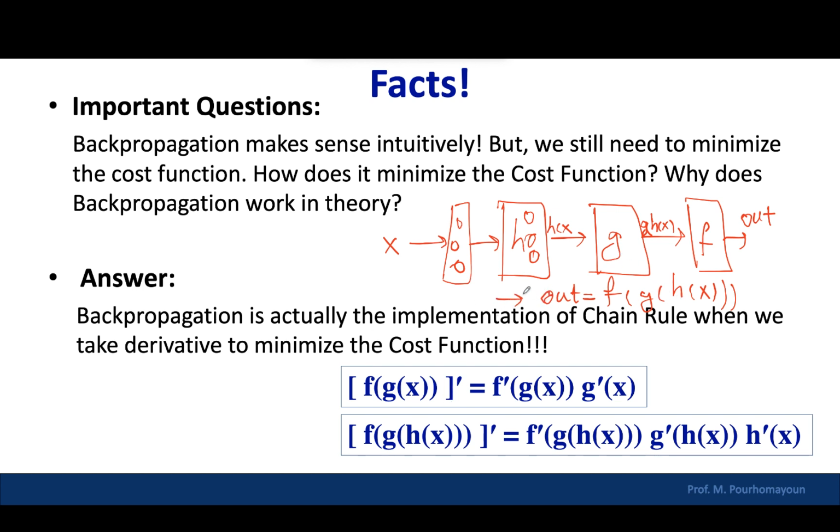So what is the derivative of that? What is the derivative of this output? When you want to take the derivative of F of G of H, here you go. It will be the derivative of H, derivative of G of H, derivative of F of G of H. So this is the chain rule of derivatives, right?